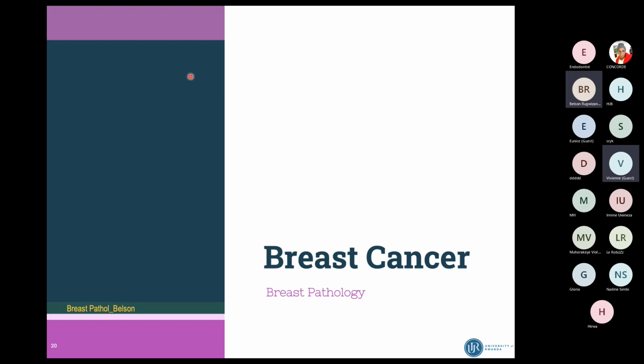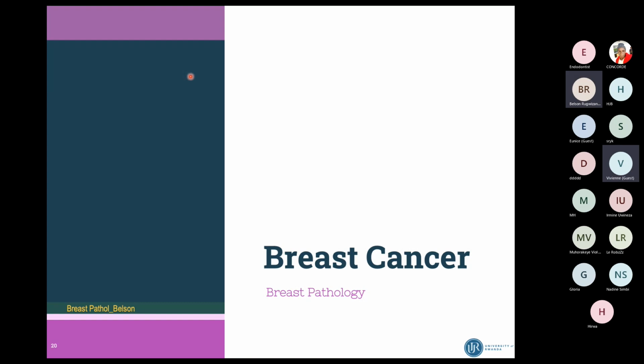Fibrocystic disease and Phyllodes tumor are similar, as they share many features in postmenopausal women, they have irregular surface, so clinically they look alike. But fibroadenoma and these ones don't appear the same.